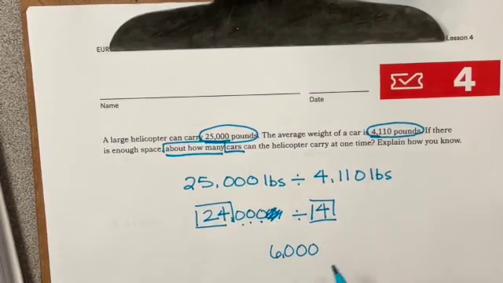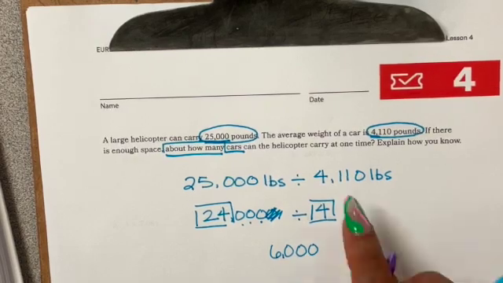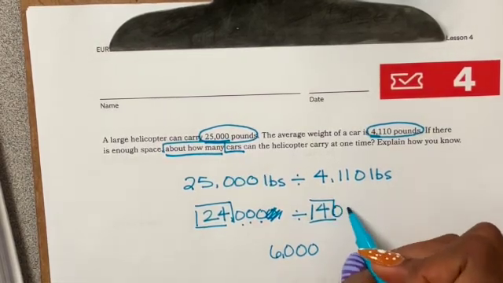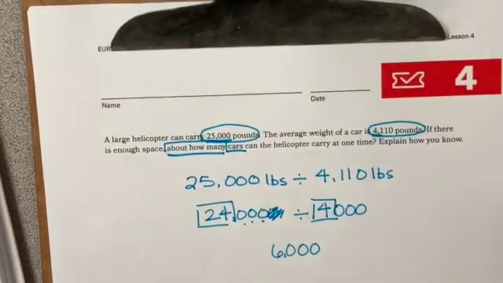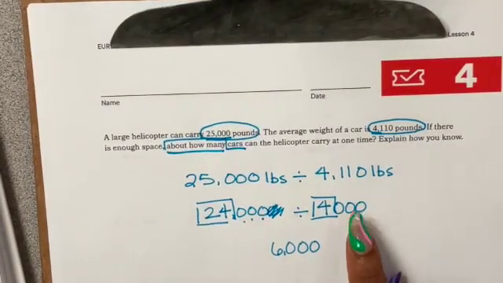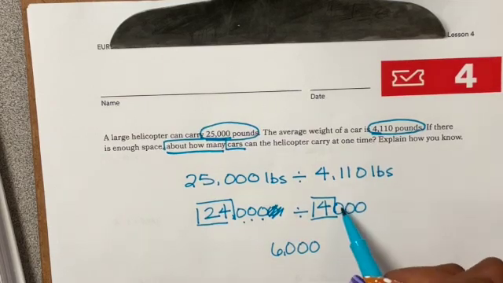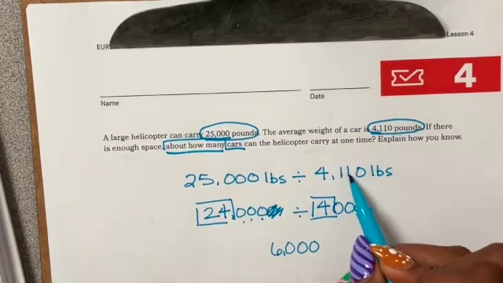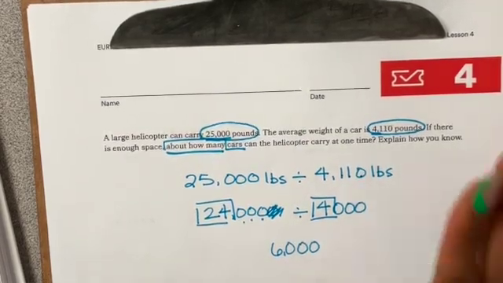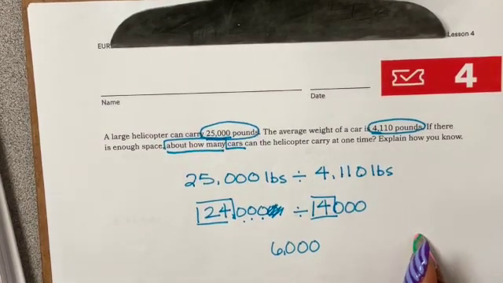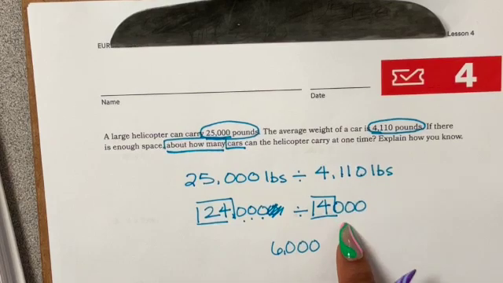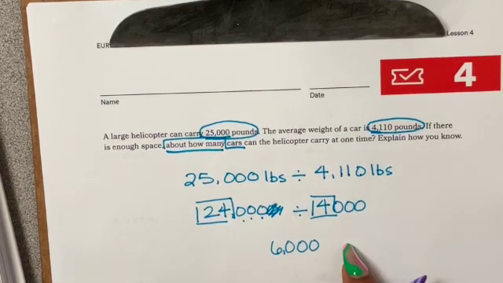So I know that my final answer... Oh, I'm sorry. I am tripping. I need to record this video again. I'm tripping. So I have 4,000 because I have to bring down my other zeros. Actually, I'm going to leave that in because, again, in math, people make mistakes. And just like anybody, Ms. Roberts also makes mistakes.